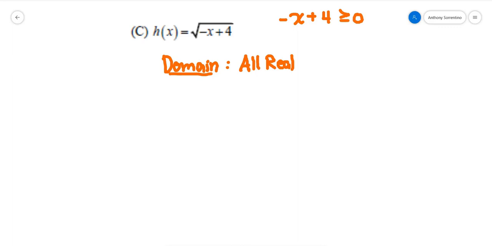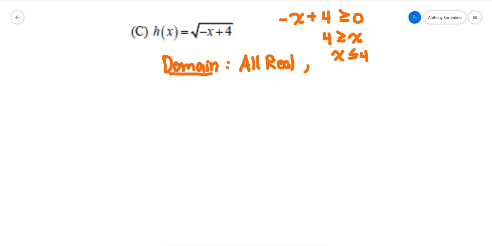Because that makes it 0 or positive. If I have any negative values underneath of that square root symbol, I can't do it. I'm going to add x to both sides for simplicity's sake. I get 4 is greater than or equal to x, which means x is less than or equal to 4.